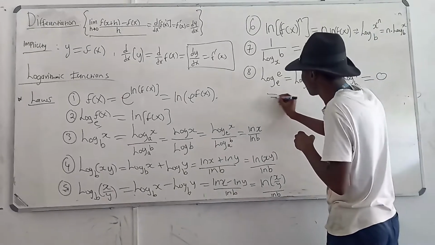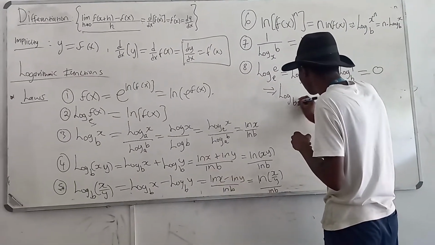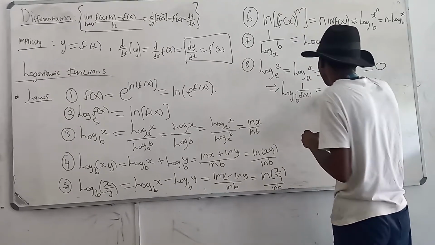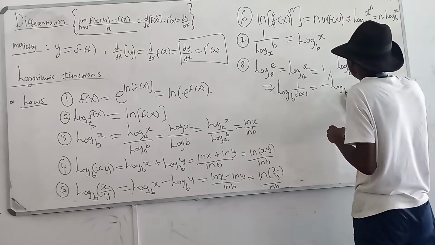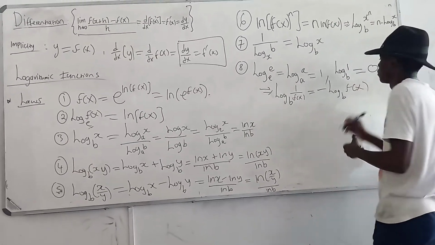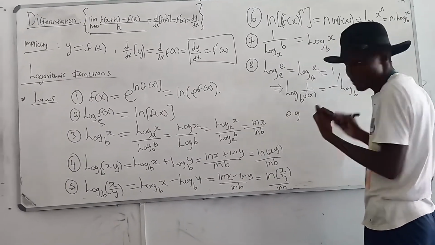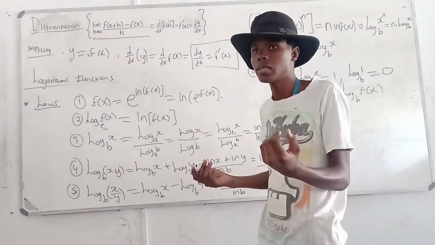So this implies that the log of any base of 1 over the function is nothing but negative the log base of that function. For example, you remember the reciprocal of sec is cos, right?